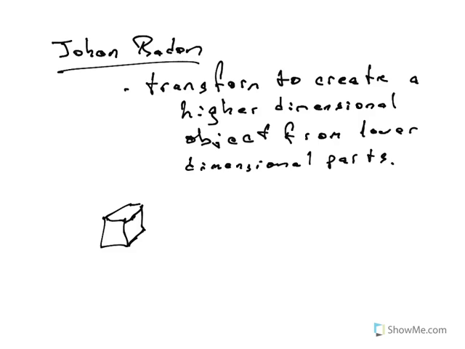So I could say, okay, let me take a picture of its front. And the front, of course, looks like this. You're just looking straight at the front face. And then I say, okay, let me look at the side view. And the side view may look like this. And then I'll look at the top view. And the top view may look like this.